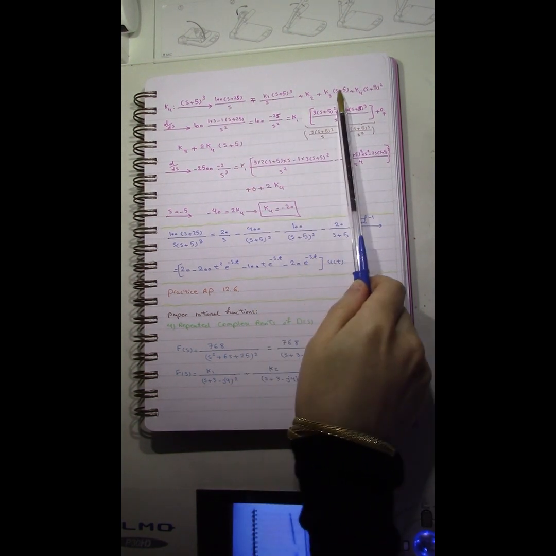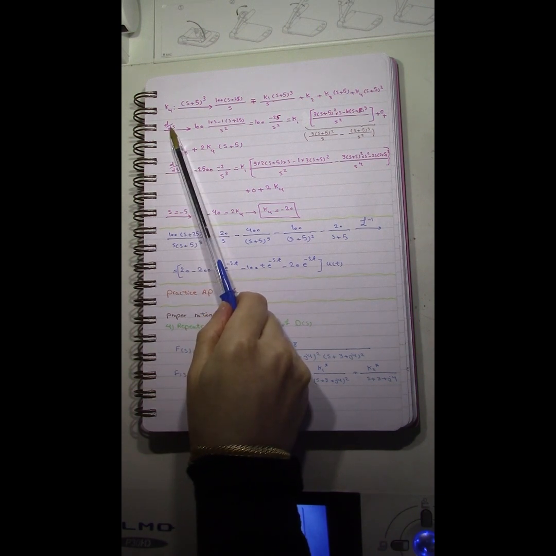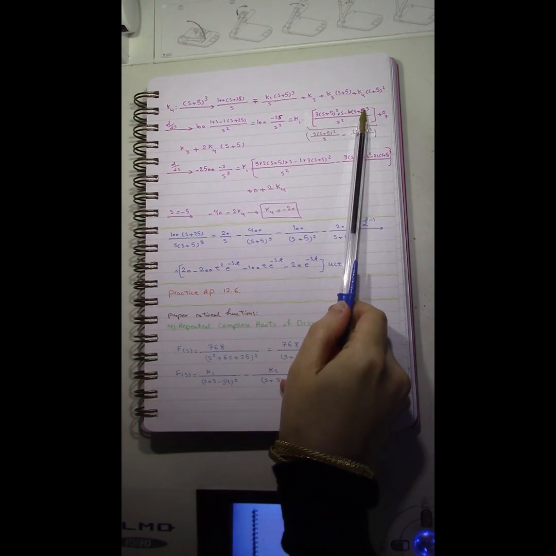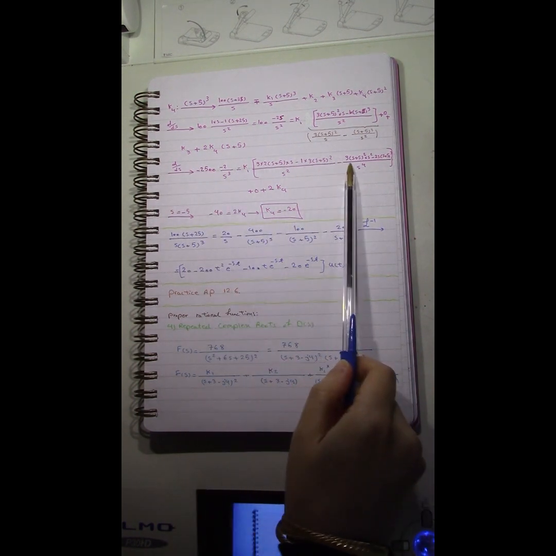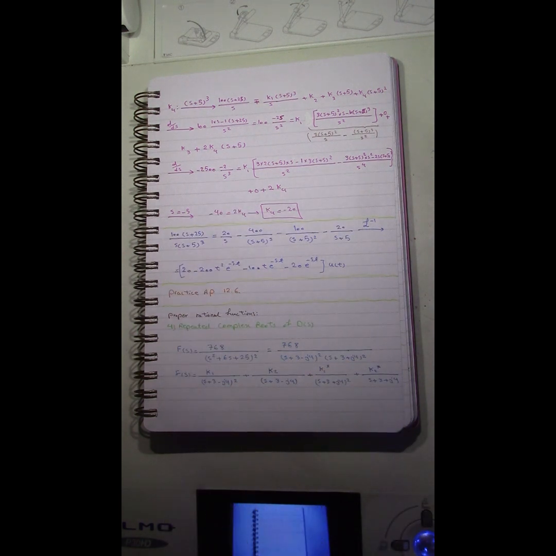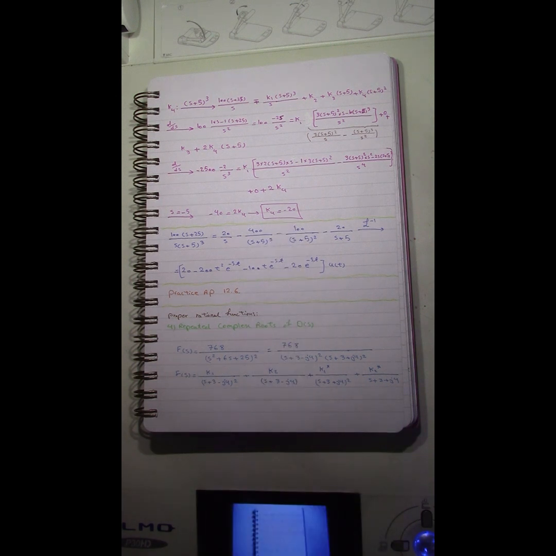Get the first derivative with respect to s, and then get the second derivative with respect to s from both sides of the equation. And then evaluate it at s equal to minus 5. You will get k4 equal to minus 20. Questions?